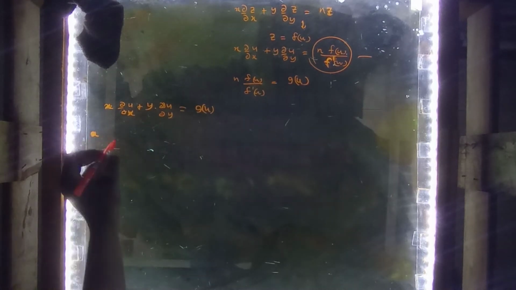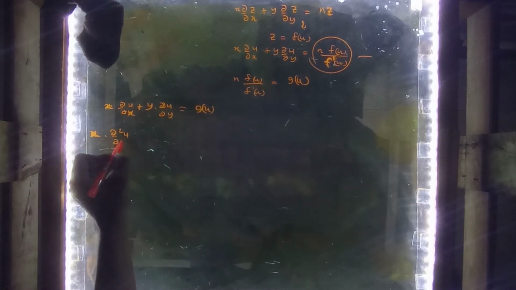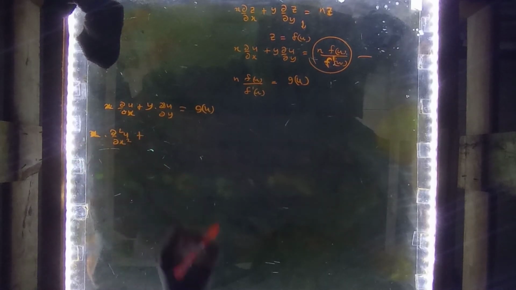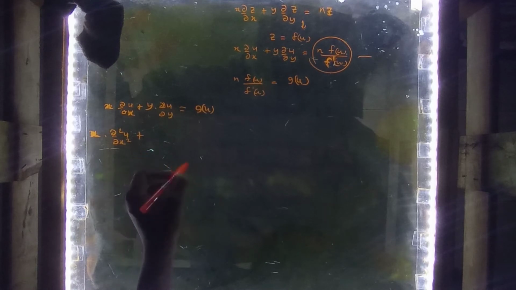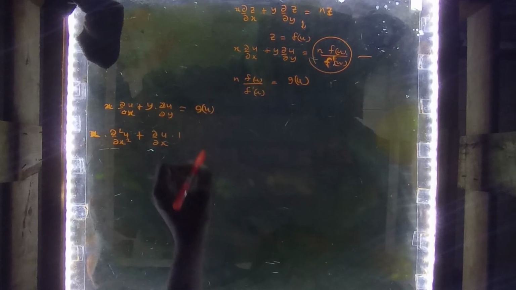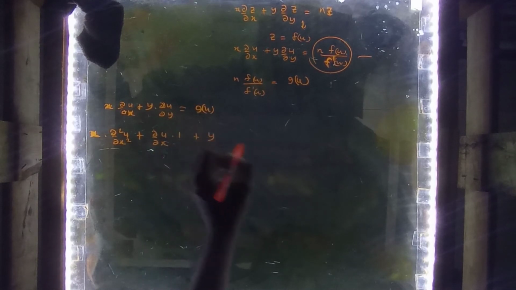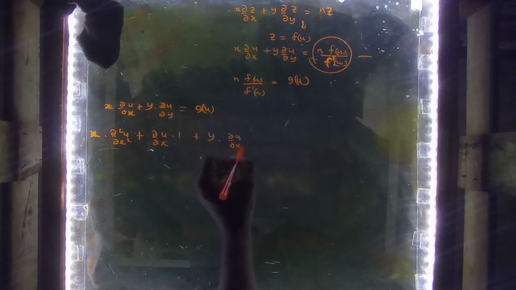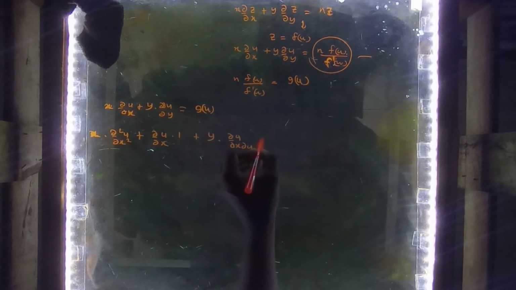It will look like x times the partial squared u with respect to x squared plus partial u with respect to x times 1. What about this guy? y times partial u with respect to x times partial y.